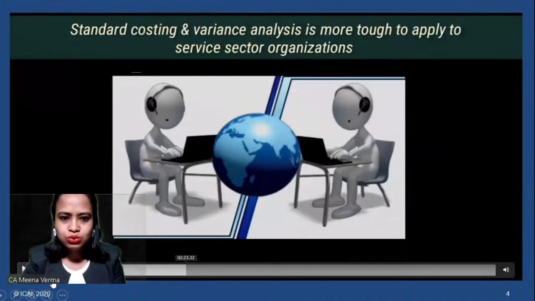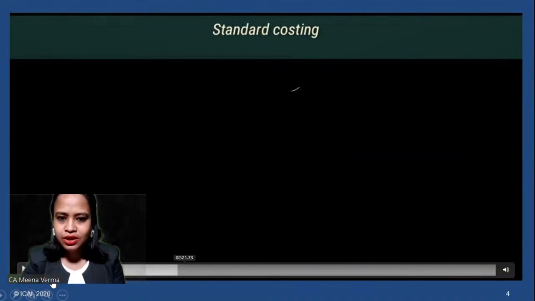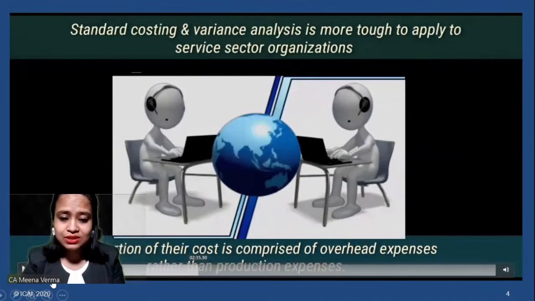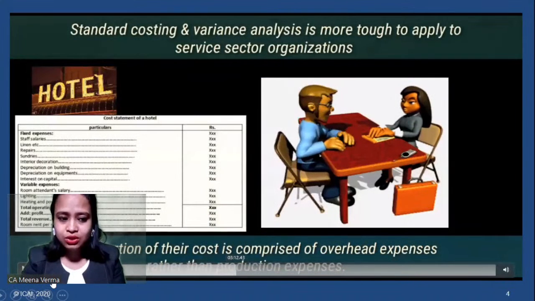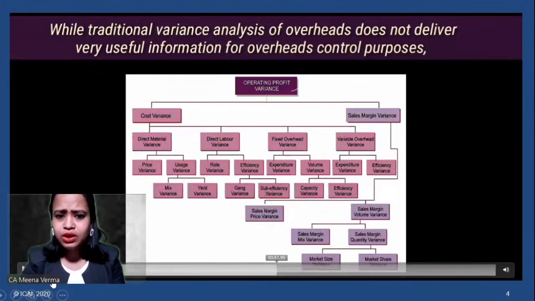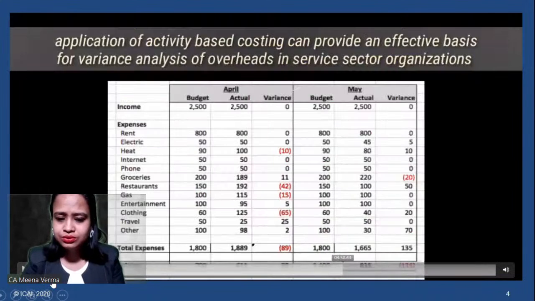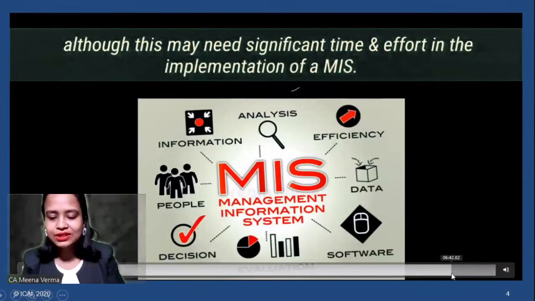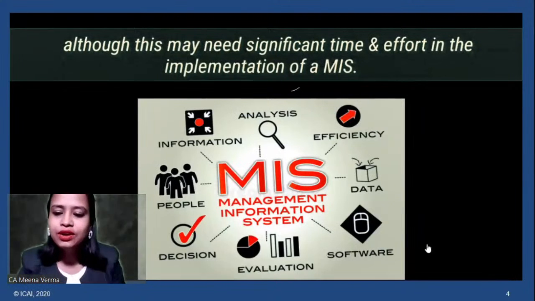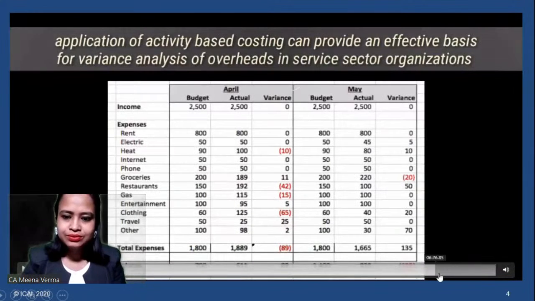So you do not consider the material, and therefore you do not consider the material variances. But yes, for other costs, you do what? You apply activity-based costing, and for activity-based costing, we have already studied how there is scope of doing variance analysis. Right? Okay.